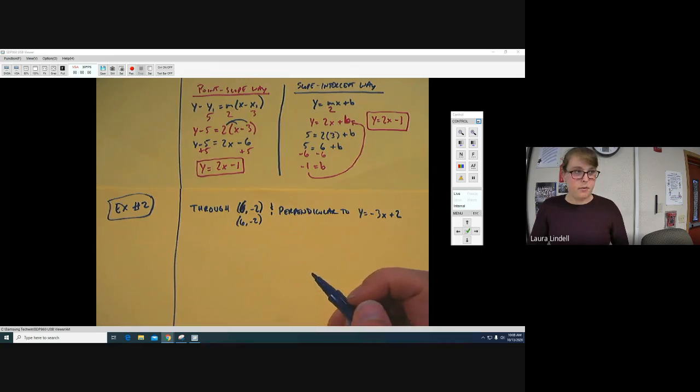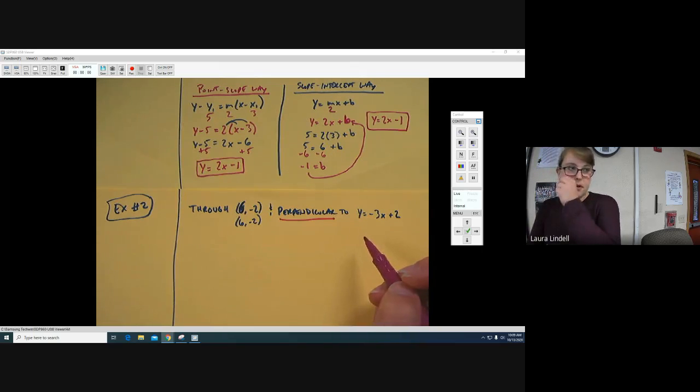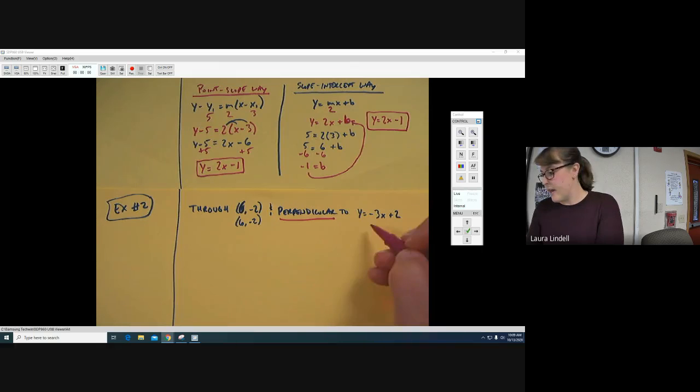Okay, so here we go. First thing we need to notice is that we're dealing with something perpendicular. So now we have to go, okay, what's the slope of this line here? What's the slope of this one? What do we think? Nice. Yes, it is negative 3.